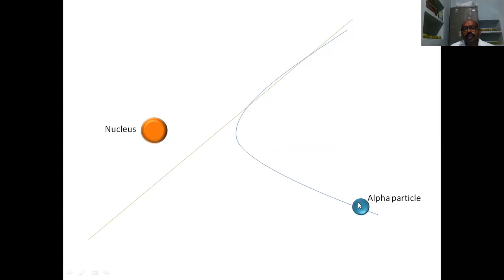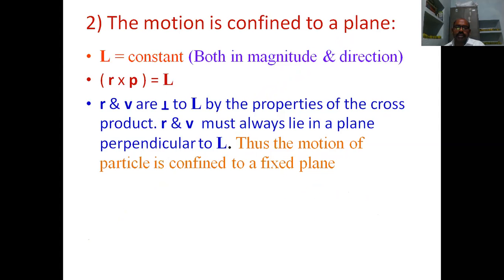The alpha particle possesses a positive charge and the nucleus possesses a positive charge. So because of repulsion it changes its path. Now we are observing the motion of the alpha particle. In this case also angular momentum conservation occurs.